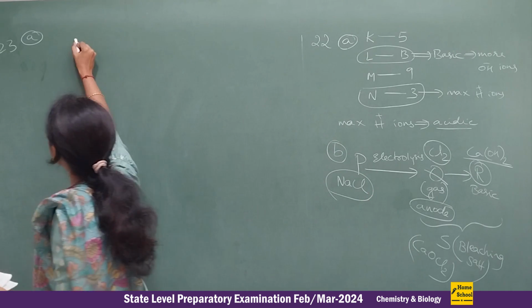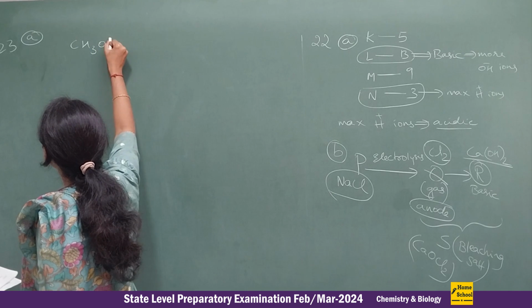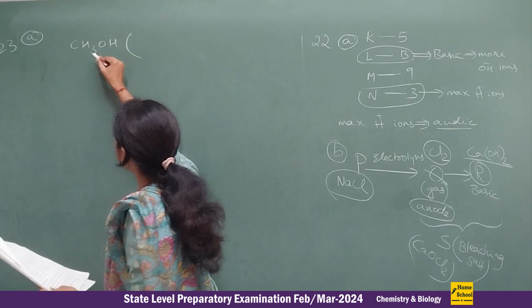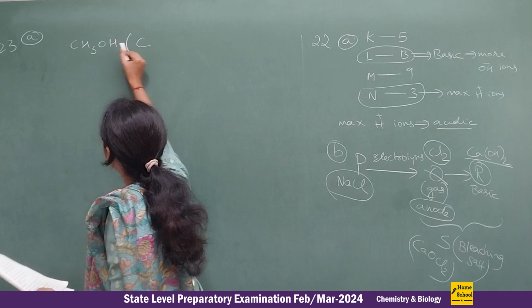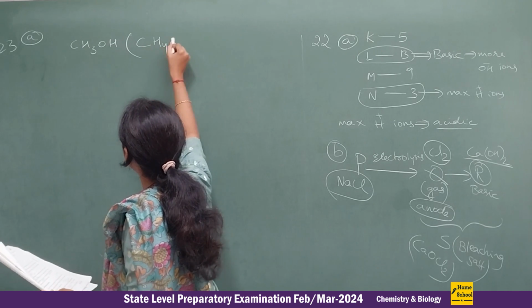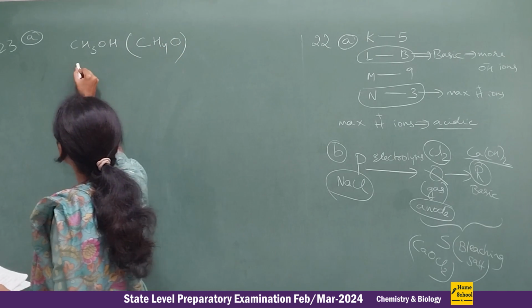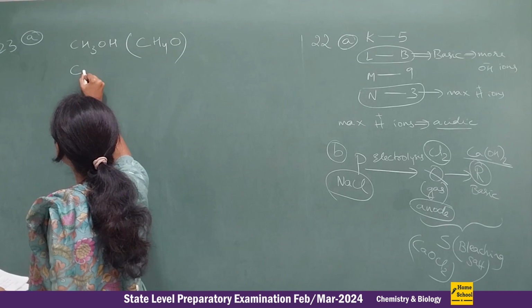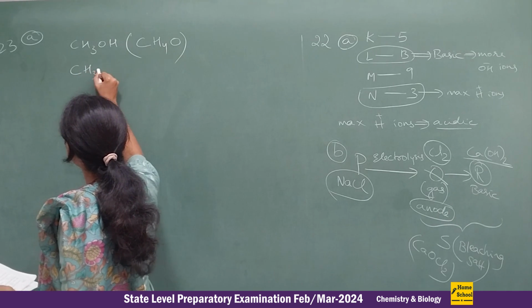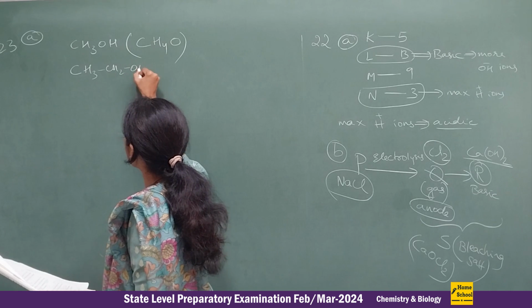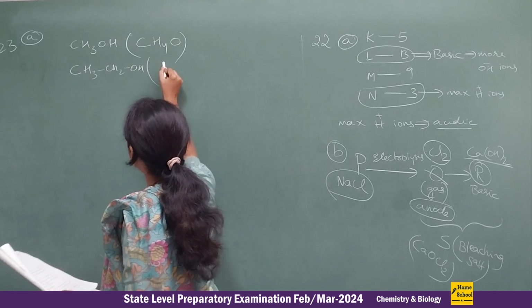So methanol is what? CH3OH, isn't it? So what is its molecular formula? C, total hydrogens are 4, and O. Ethanol, what is ethanol? CH3, one more CH2 is extra, OH. So that means 2 carbons.